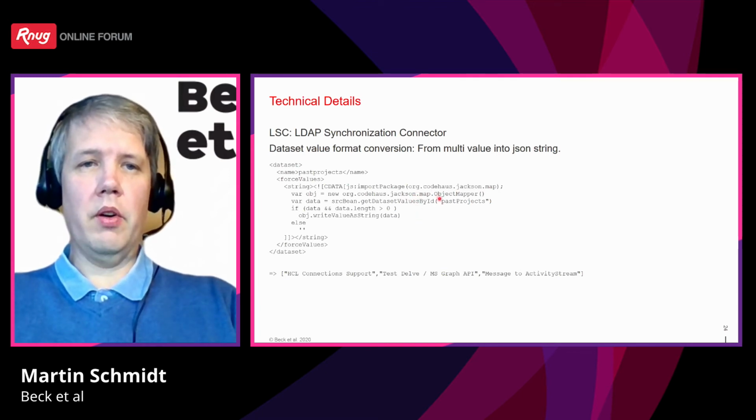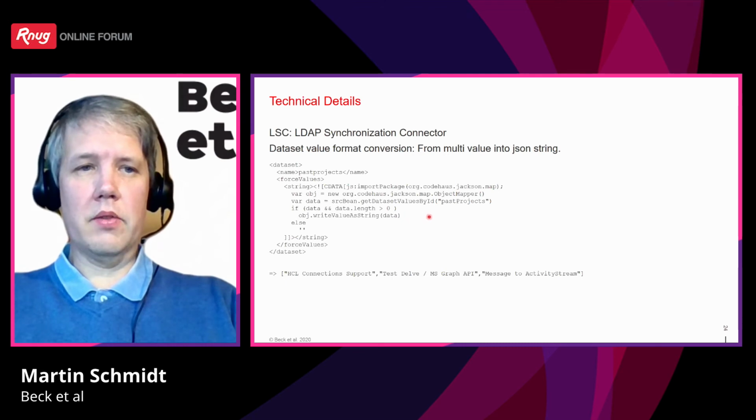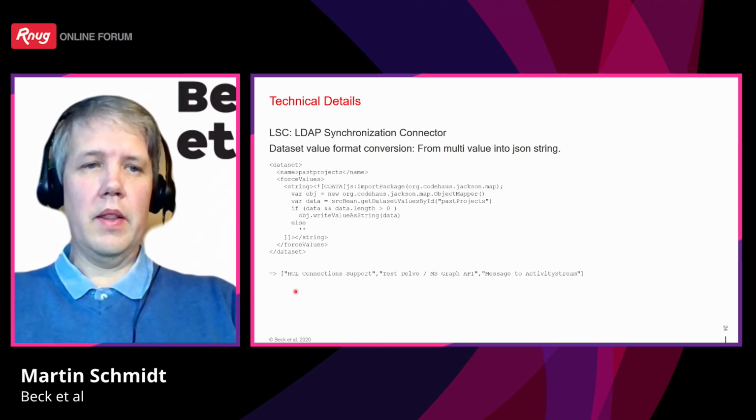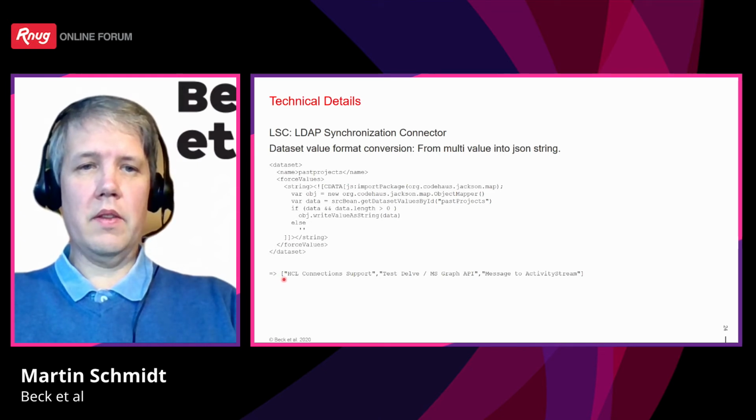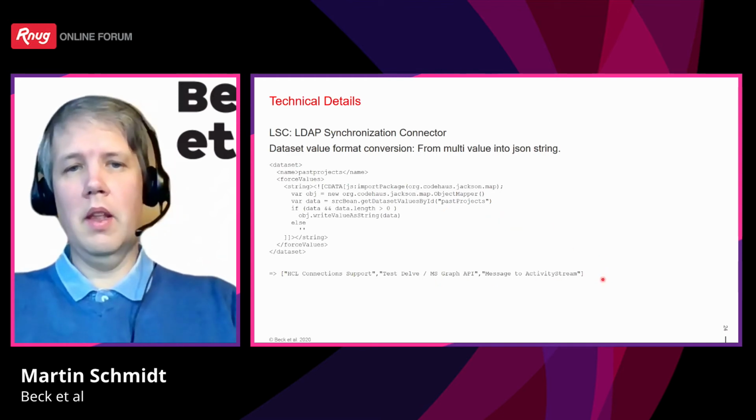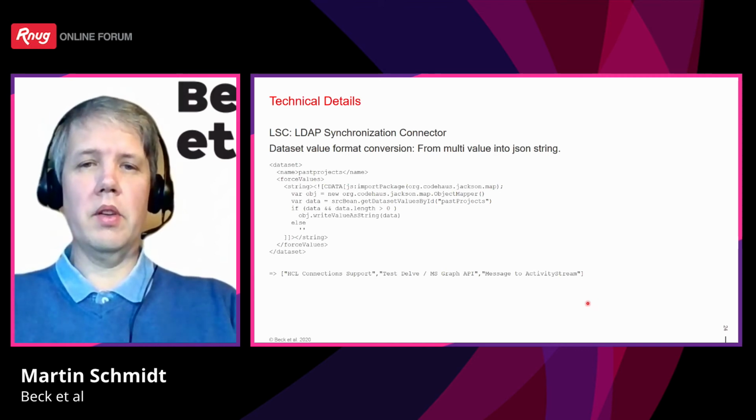With this, I convert the multi-value fields into a single JSON formatted data string. So at the end, the data looks like this one. It's a JSON array of, in this case, the past projects I'm part of. And with this, I have a single value I simply could add to the extension attributes of HCL Connections.